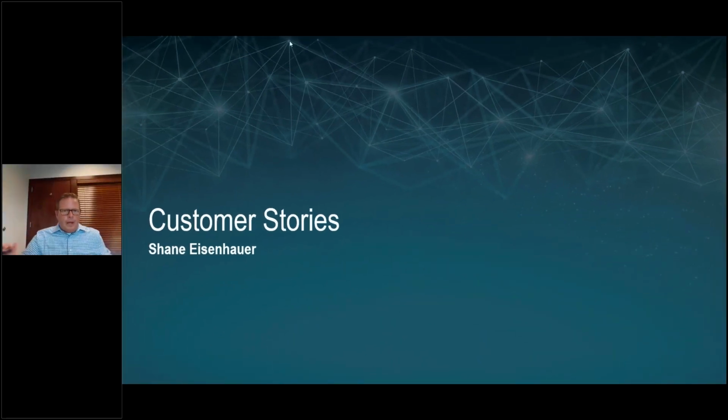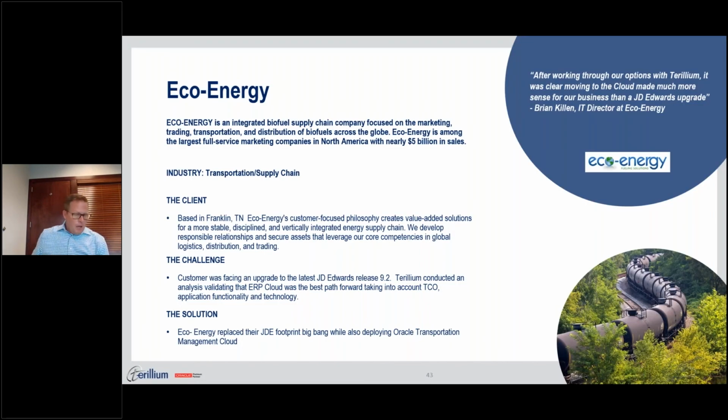Thanks, Brian. So just a couple quick customer stories. The first one we wanted to talk about is a company called Eco Energy. Can you advance the slide, Brian? There we go. Eco Energy is a very large organization in terms of revenue and transactions. They buy and sell natural gas and ethanol.